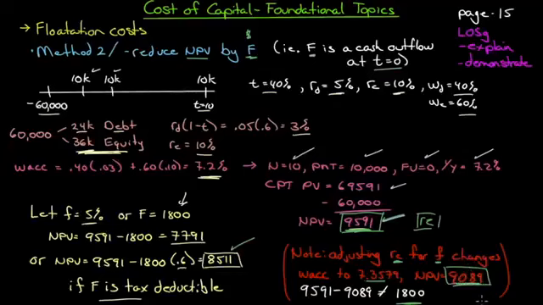We get 9,089. If this were the correct way to do it, the difference between these two numbers should be the present value of the flotation cost, which is 1,800, which it is not. Or if it were on an after-tax basis, it would be 1,800 times 0.6, or sorry, 1,080, which it is not. And that wraps up this reading.